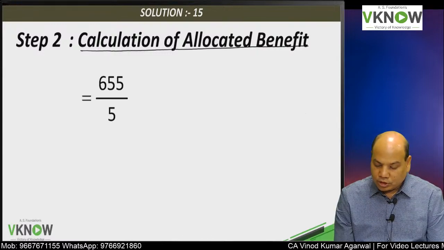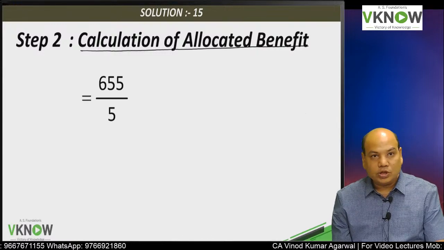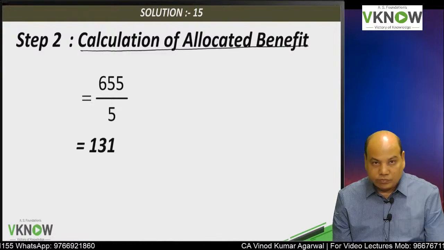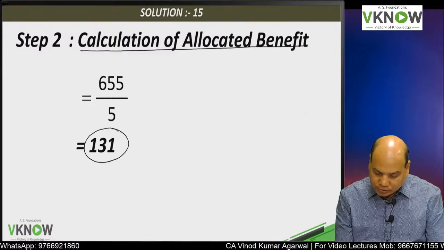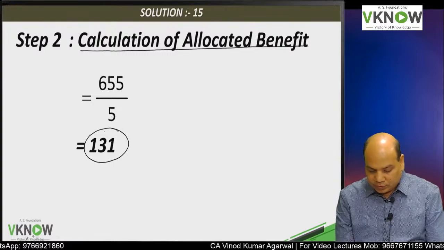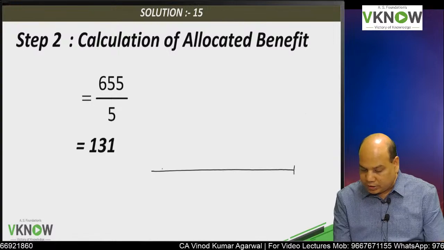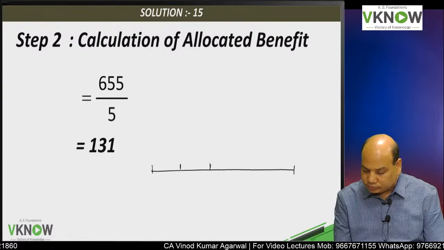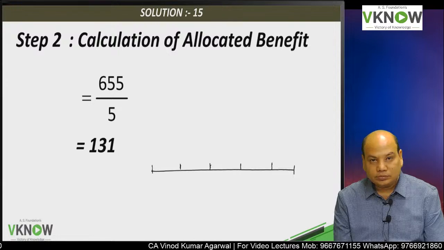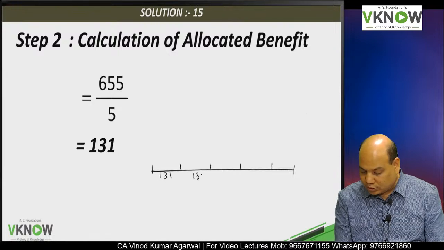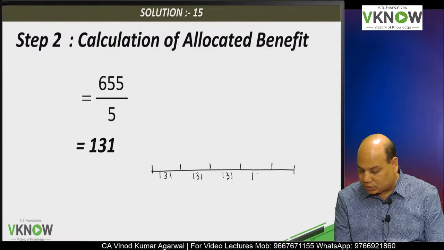Step 2, calculation of allocated benefit. 655 divided by 5 is 131 rupees. So he will get 131 rupees for rendering services for each year. He will render service in year 1, he'll be entitled to 131 rupees.